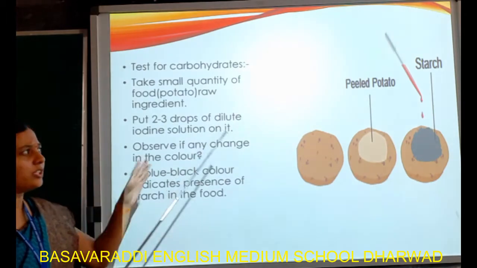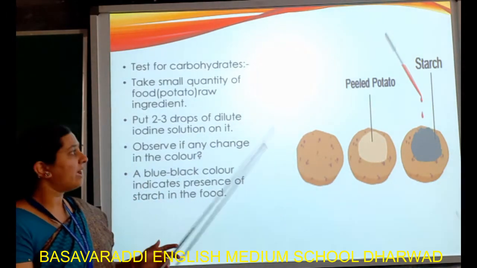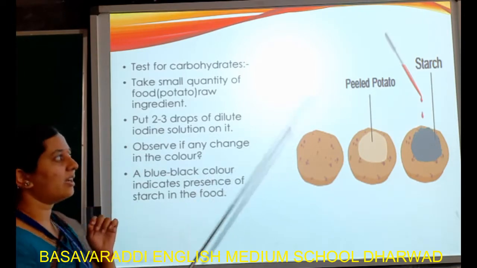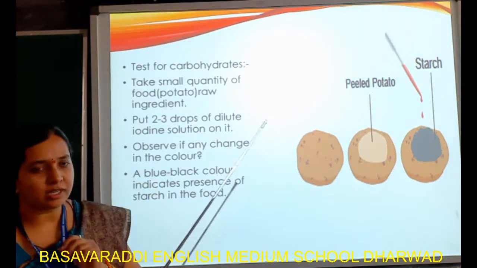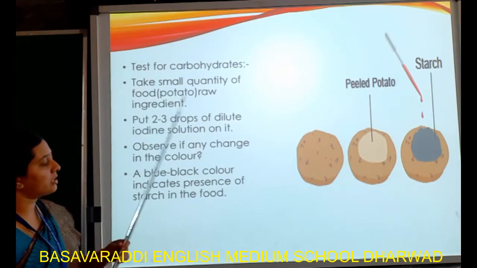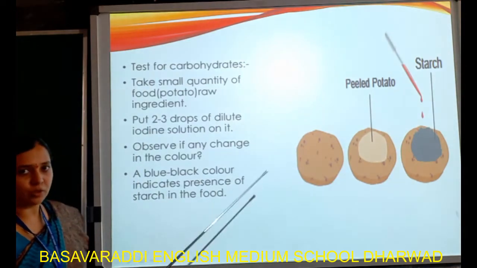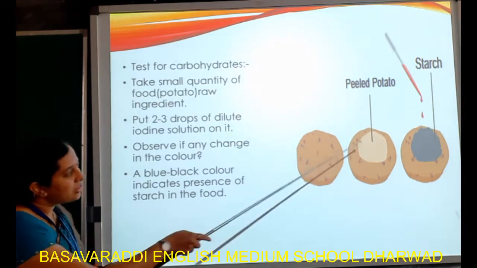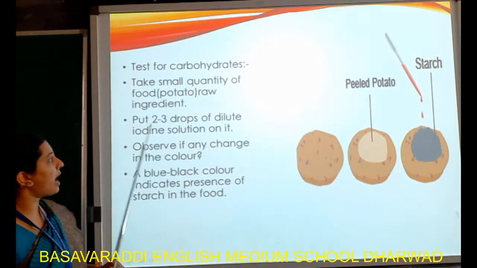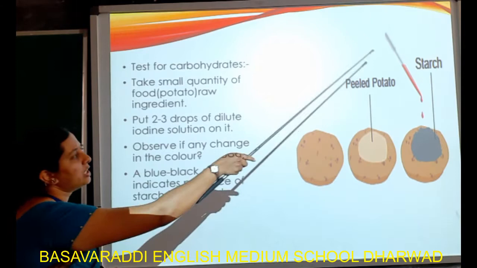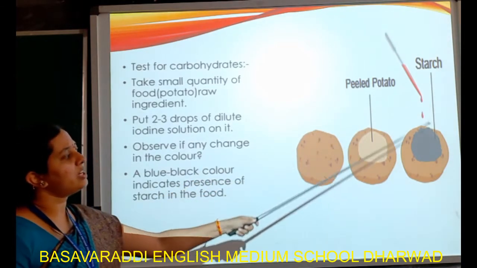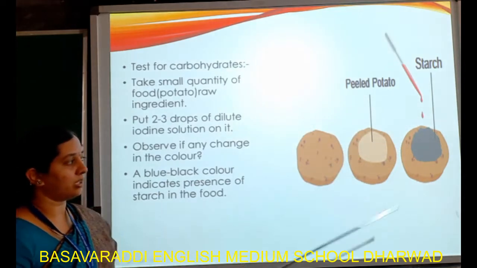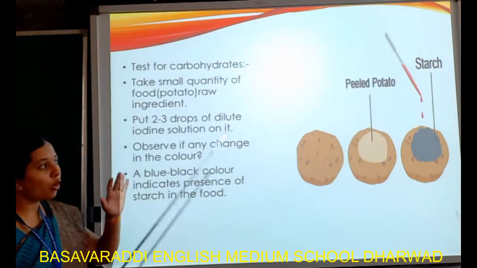For this test we need a potato and iodine solution. Iodine solution is reddish brown in color. We take a potato, peel it, and on the peeled part we add 2 to 3 drops of dilute iodine solution, and we observe it.